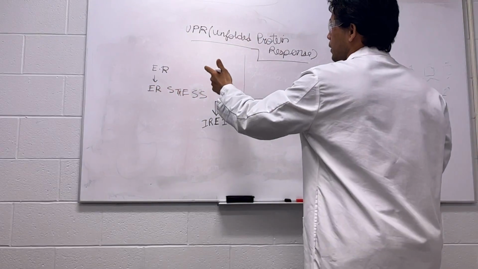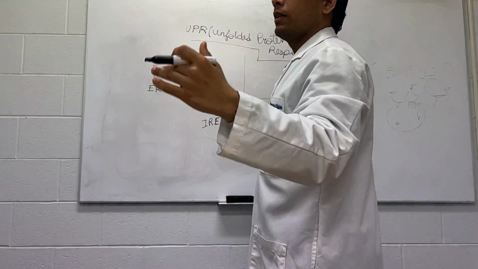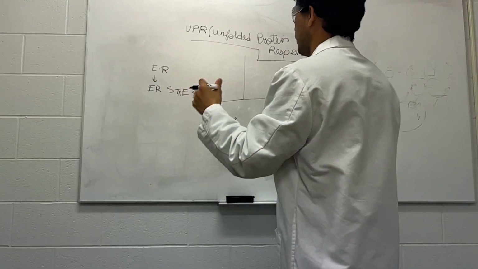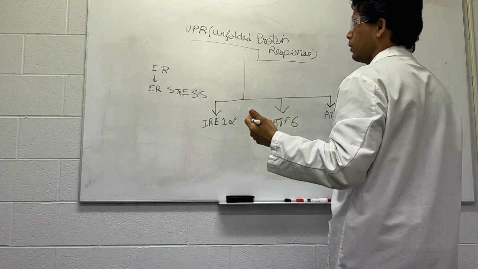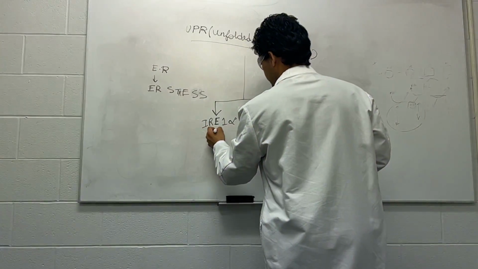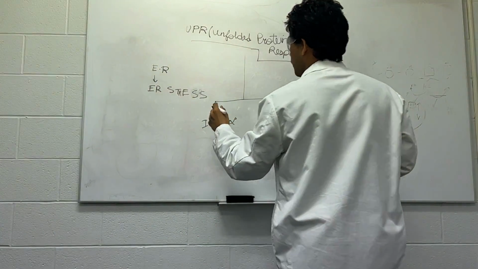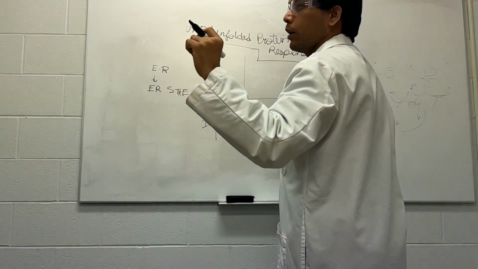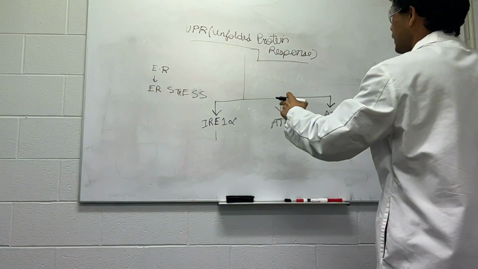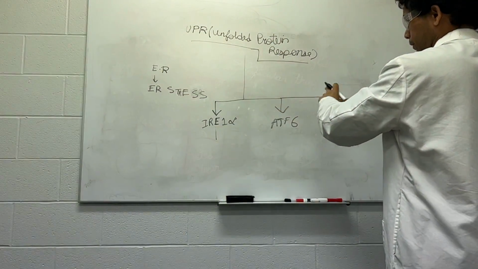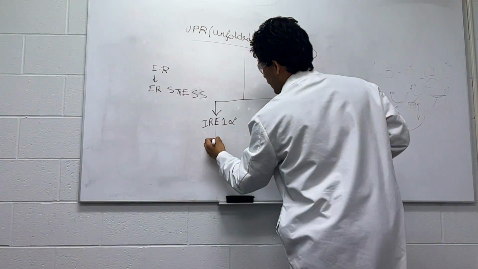For this, the first thing the cell will do is decrease the translation of generic proteins that do not have that much important role in the cell's existence. In order to reduce this, it needs these three components together to take the role of this IRE1 alpha.